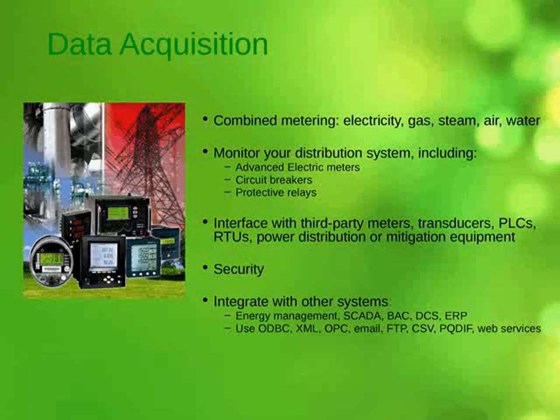Again, some of the data acquisition characteristics that are common out there include combined metering, such as not just electricity, but other commodities such as gas, steam, air and water, that WAGES term again.